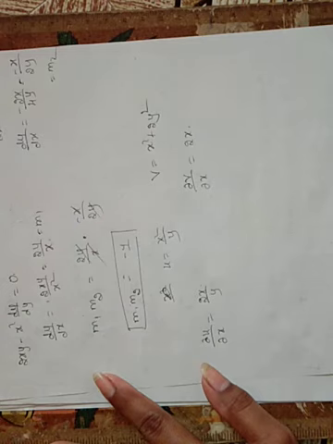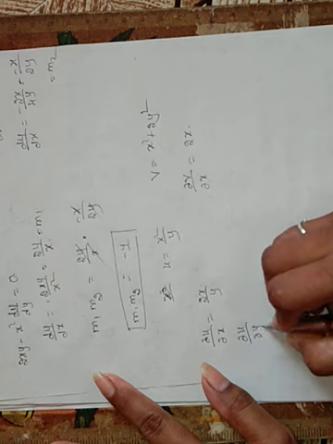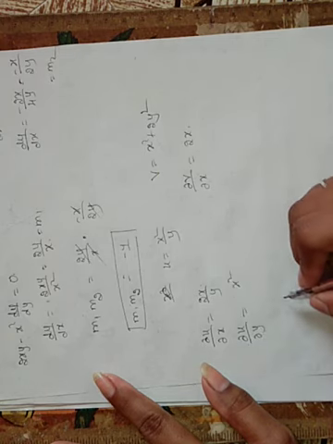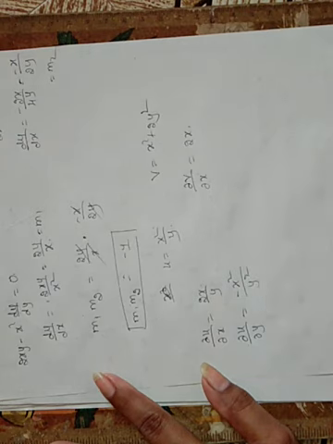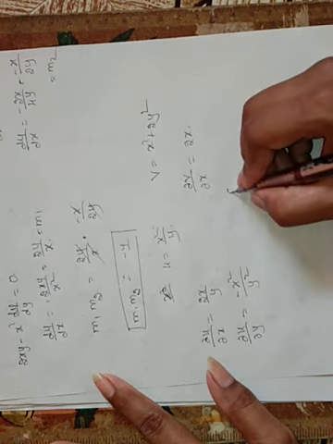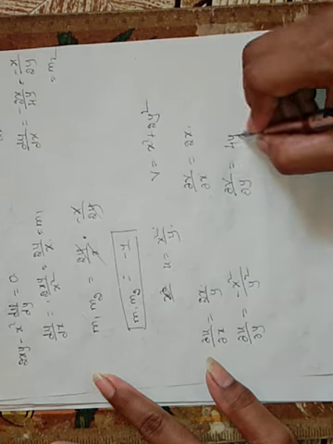Next, ∂u/∂y equal to, x square is a constant, keep as it is, derivative of 1 by y is minus 1 by y square. Now ∂v/∂y equal to 4y.